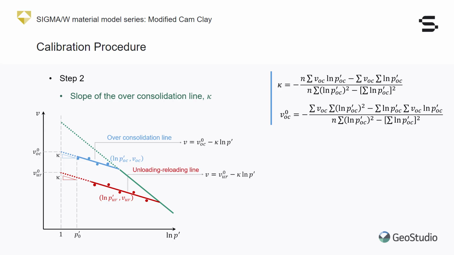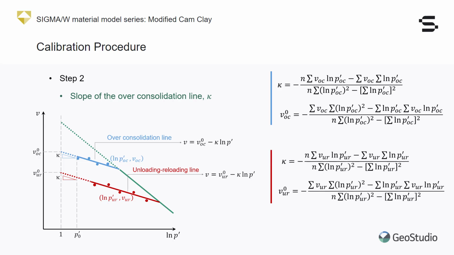An alternative method for estimating kappa is to use the corresponding parameters measured during an unloading-reloading process. For a normally consolidated soil, the unloading-reloading process is required for estimating kappa. The method of least squares can again be used to calculate the slope and the y-intercept of this straight line.